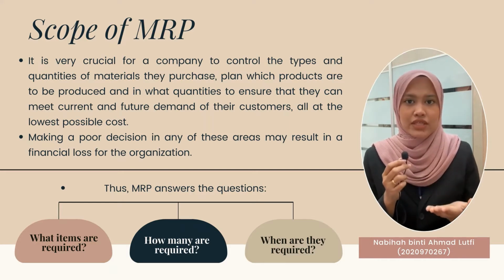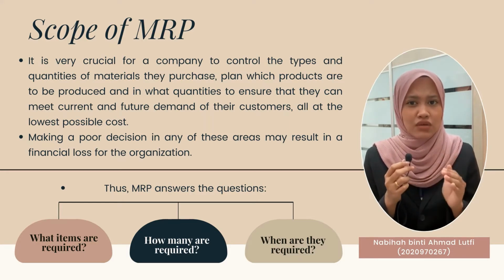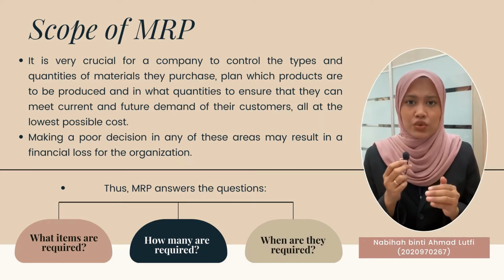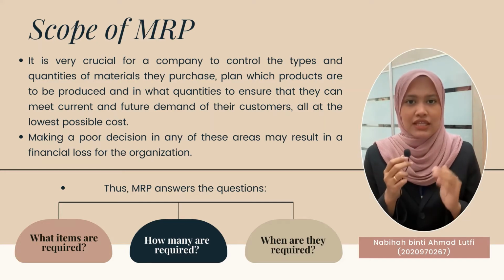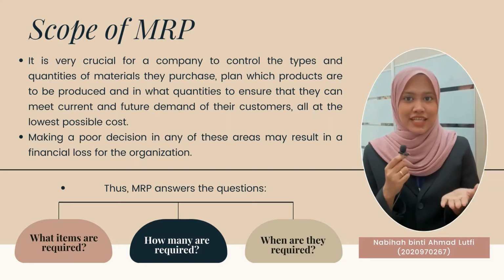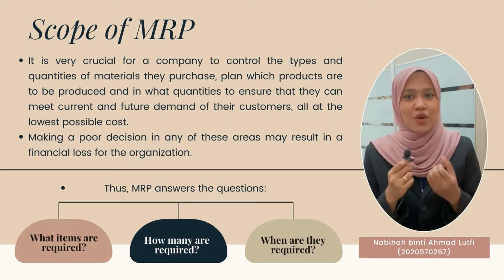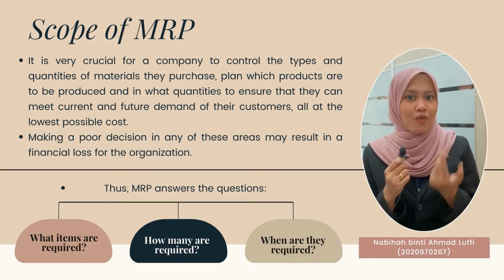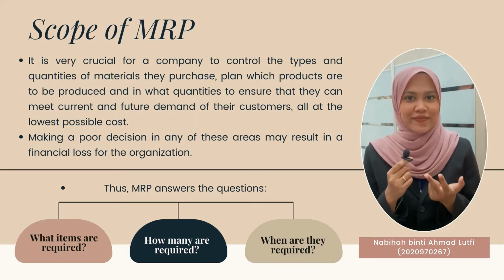Ordering the materials needed for production at the wrong time can cause customer deadlines to be missed. So, this may result in customer dissatisfaction that will affect their company's profit. Thus, MRP answers the questions: what items are required, how many are required, and when are they required.